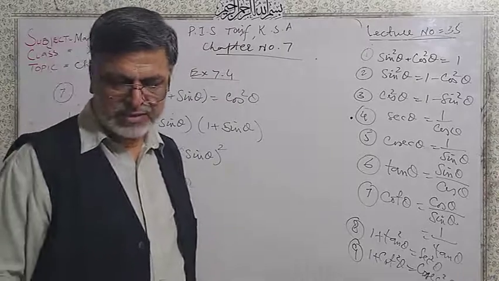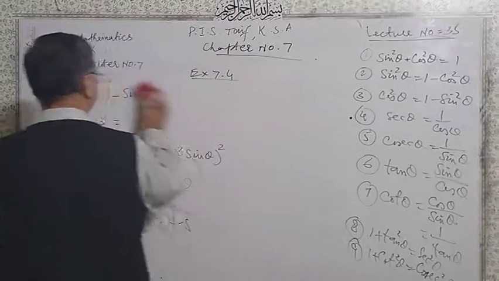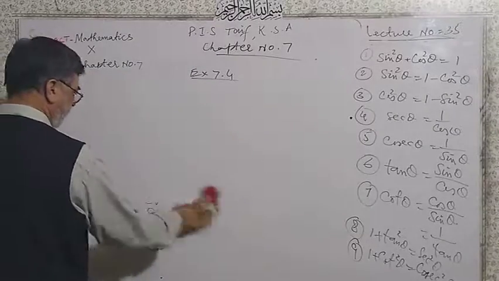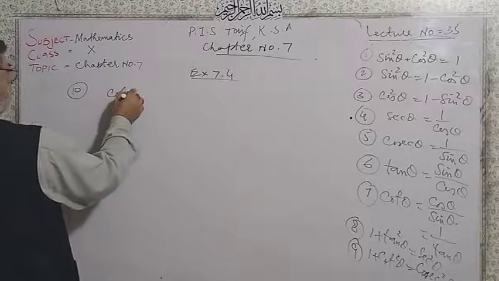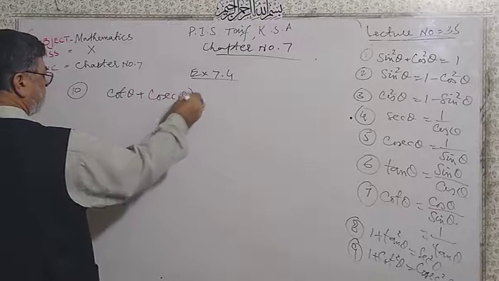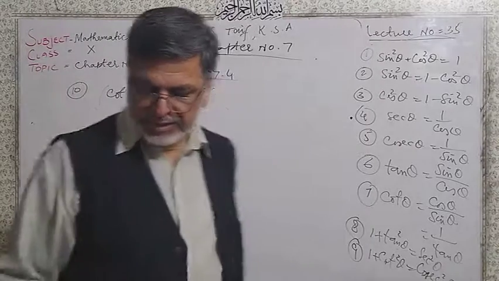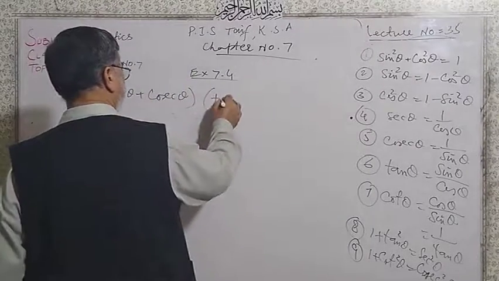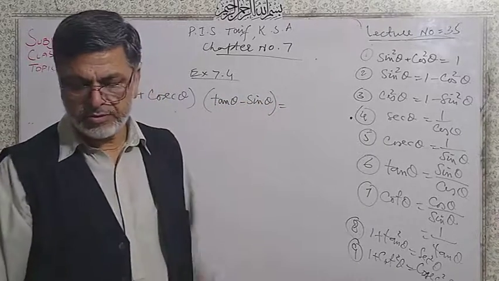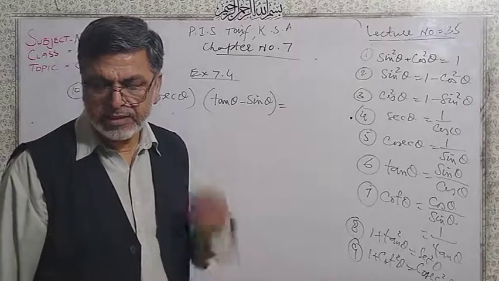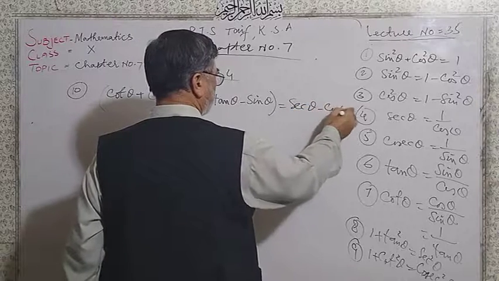After that, we have question number 10. (Cotangent theta plus cosecant theta) into (tangent theta minus sine theta) is equal to secant theta minus cos theta.